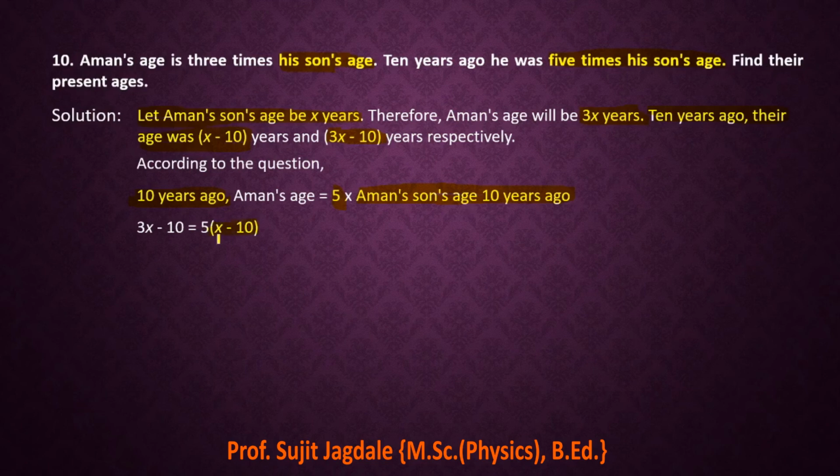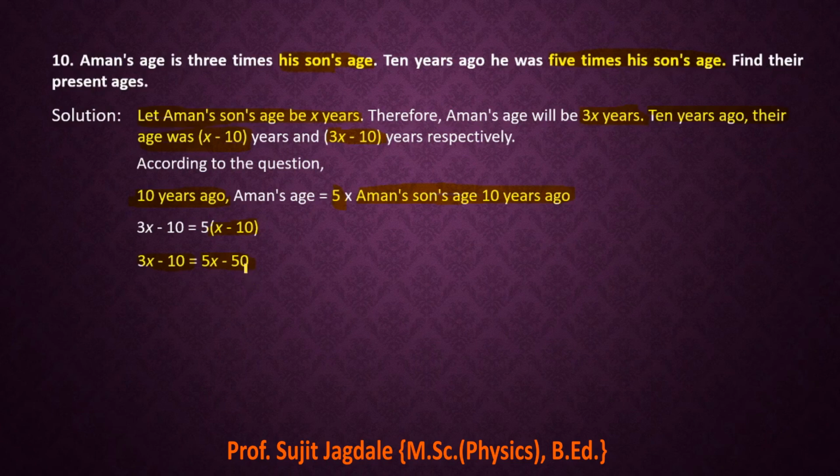So 5 into x minus 10. So multiply 5 inside the bracket, then we are getting this condition: 3x minus 10 is going to remain as it is, which is equal to 5x minus 50.